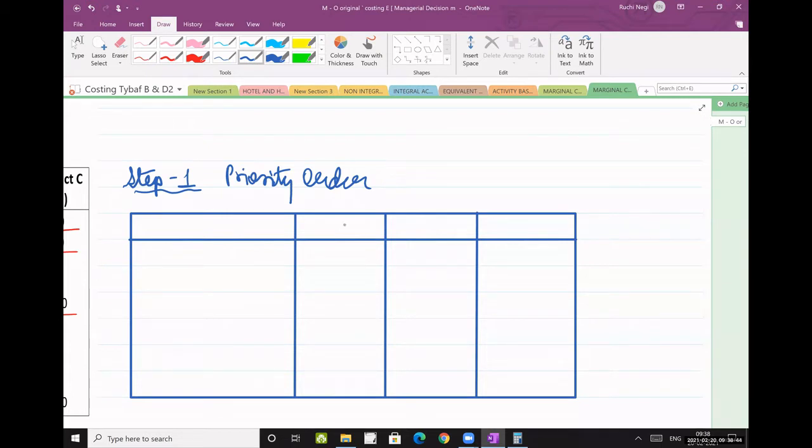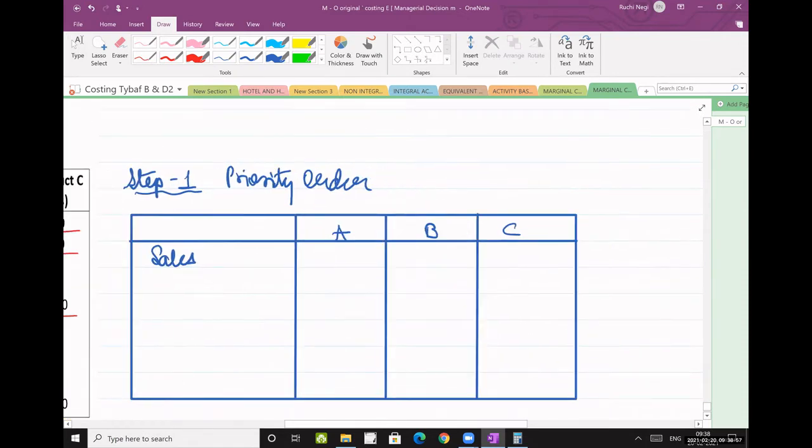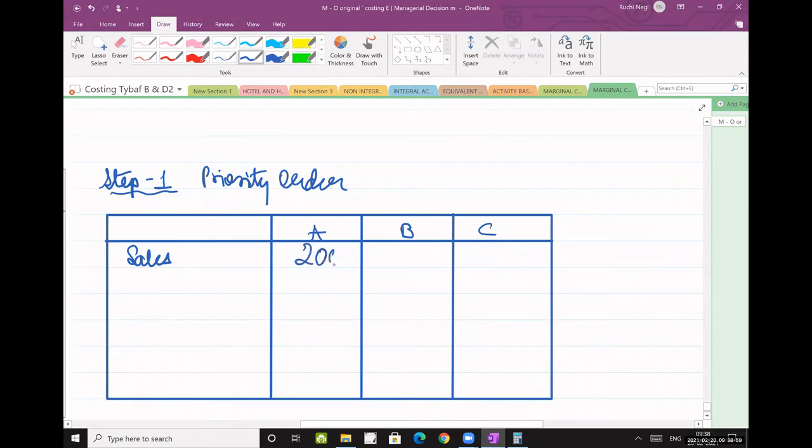You have product A, product B, and product C. Sales: 200, 160, and 100. You can write your heading, marginal cost sheet per unit.